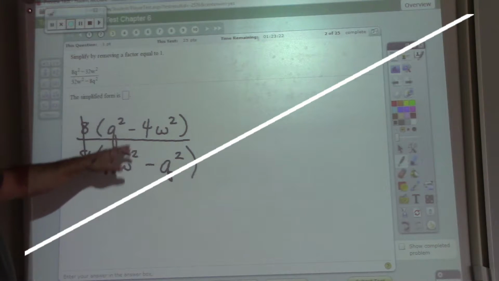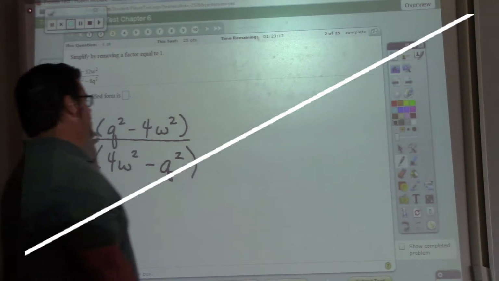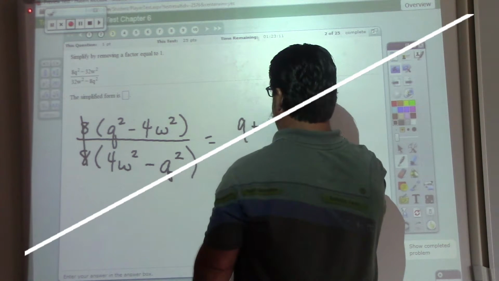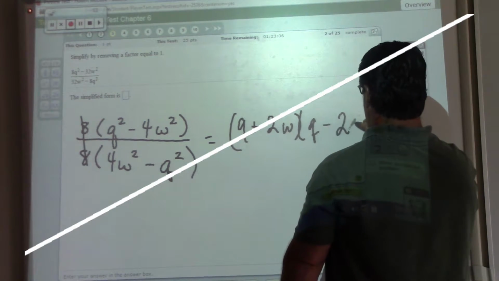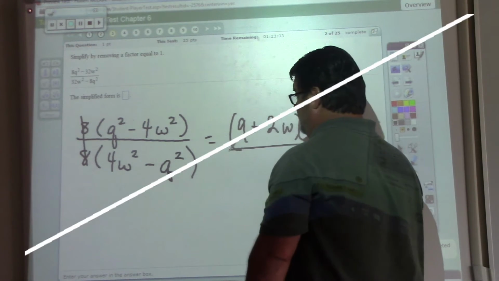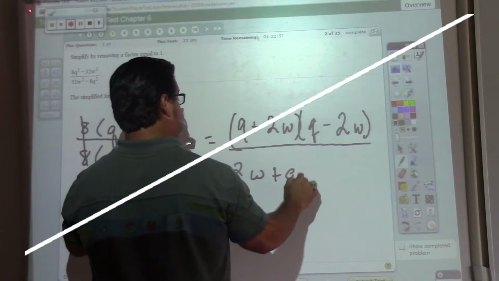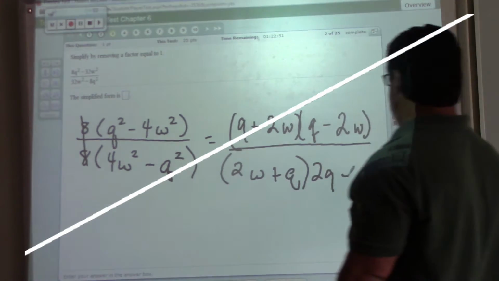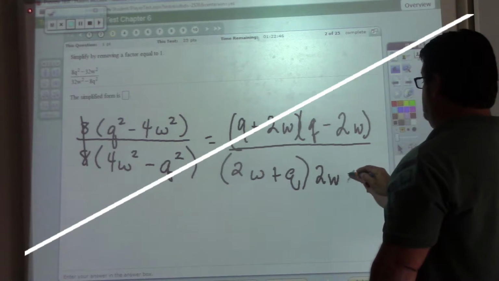And the 8s cancel, and these look like shortcut number 3s, but I don't think anything's going to cancel, but we can look. Let's see what happens. q plus 2w, q minus 2w over 2w plus q, those two will go out, and 2w minus q.